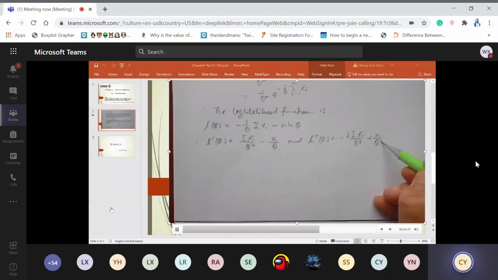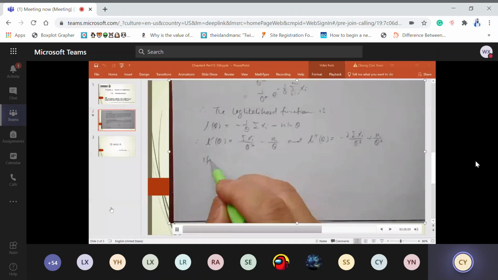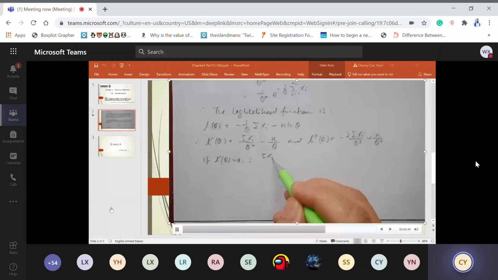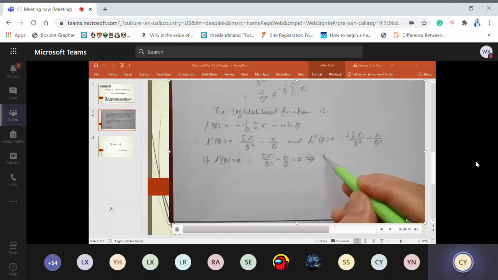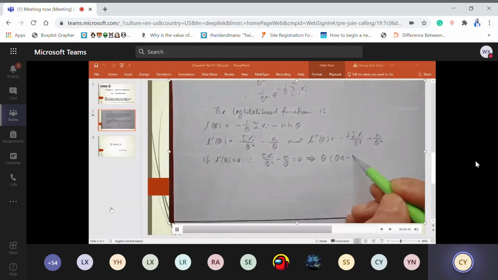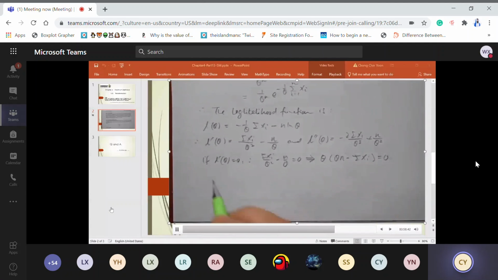If this is equal to 0, then we will have a quadratic equation, that is theta multiplied by theta n minus the summation of xi, which is 0. Since theta never equals 0, therefore theta will be equal to summation of xi divided by n.